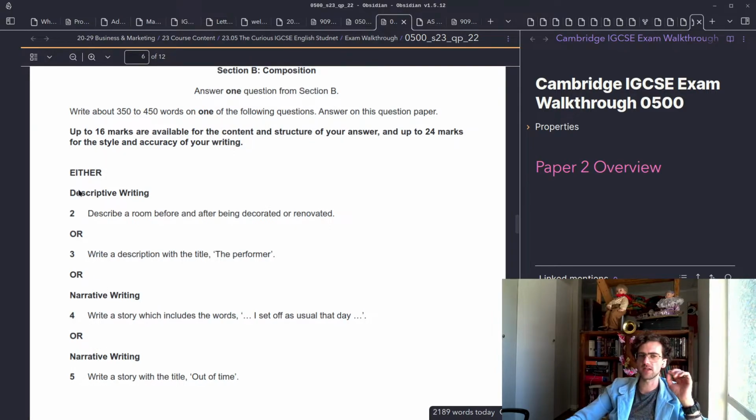Firstly, I just want to state what the difference is between a descriptive essay and a narrative essay. The purpose of a descriptive essay is to give the reader an experience. The purpose of a narrative essay is also to give the reader an experience. Okay, I'm just kidding.